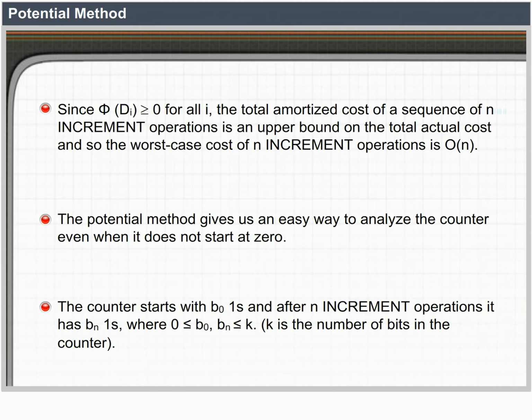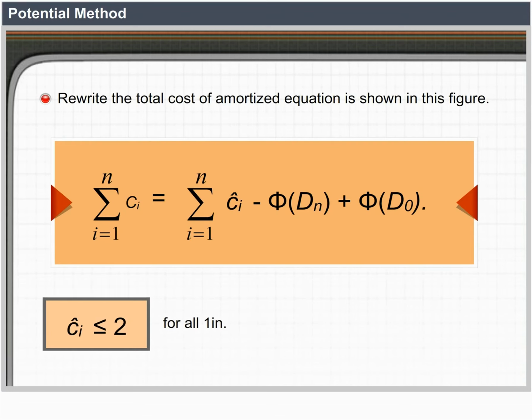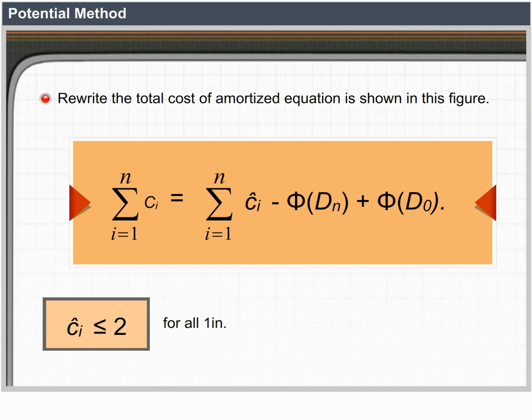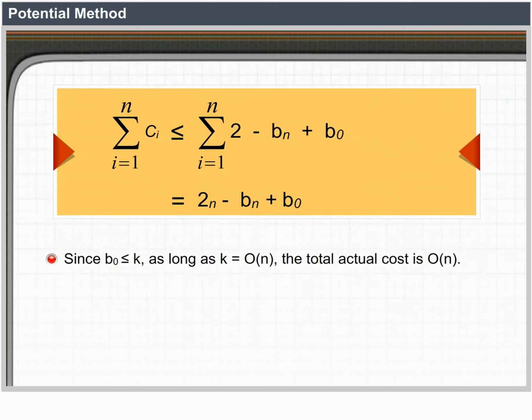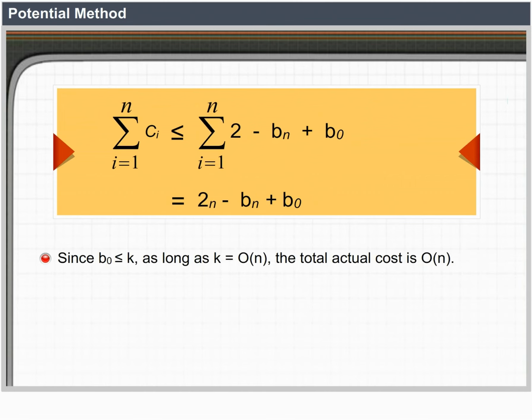Rewrite the total amortized cost equation as shown in this figure. Since phi of D0 equals b0 and phi of Dn equals bn, the total actual cost of n increment operations is the summation of i equals 1 to n of ci, less than or equal to the summation of i equals 1 to n of 2, minus bn plus b0, which equals 2n minus bn plus b0. Since b0 is less than or equal to k, as long as k equals big O of n, the total actual cost is big O of n.